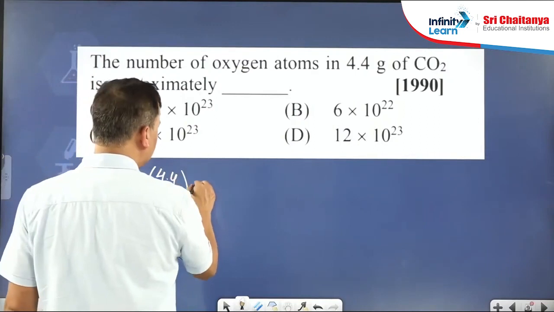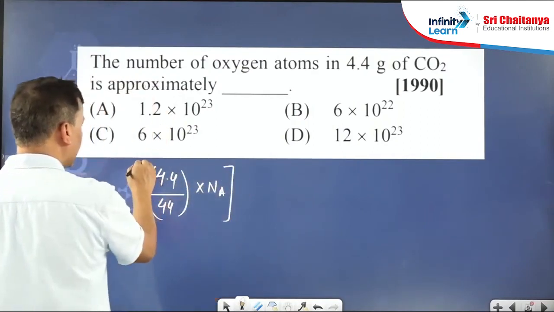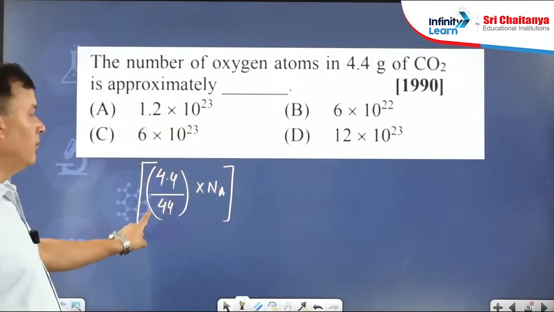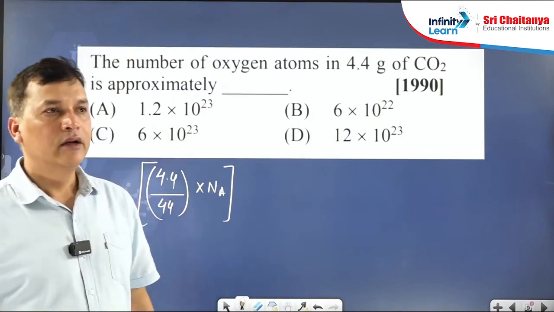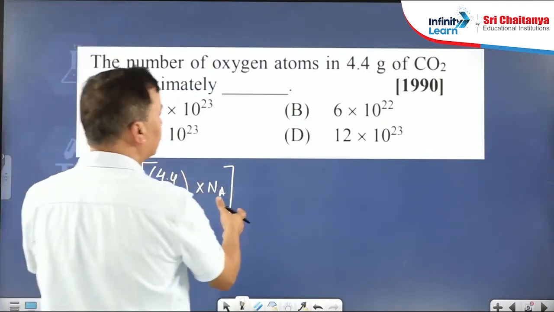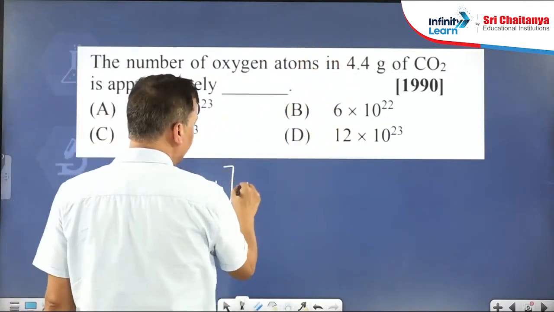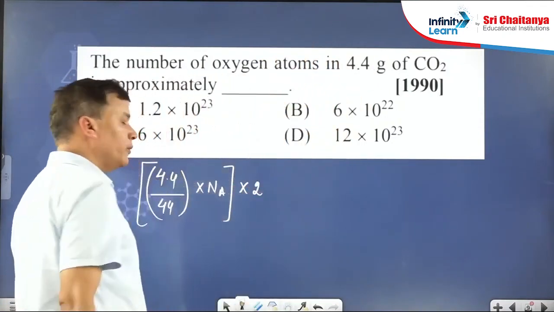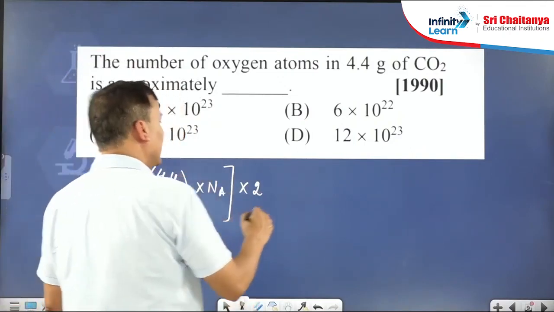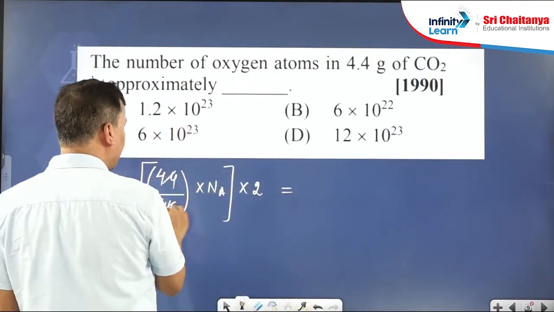Now multiply with Na. I'm writing it this way: these are the number of moles multiplied by Na. So these are the number of molecules, but we have to find the number of atoms, so it has to be multiplied by 2. Is that clear or not? Here there is 1 upon 10, you can write it like that.